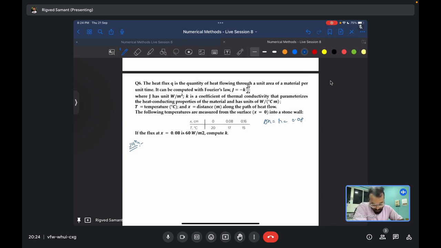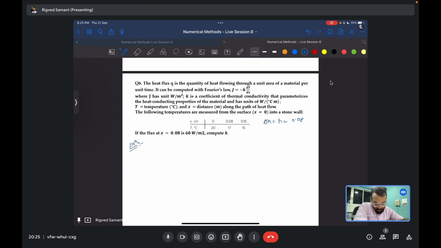So what is the question? The heat flux is the quantity of heat flowing through the unit area of a material per unit time, and it can be computed using Fourier's law. J is equal to minus K dT by dx, where J is in watt per meter square, K is the coefficient of thermal conductivity that parameterizes the heat conducting properties of the material, and has unit of watt per degree centigrade meter.